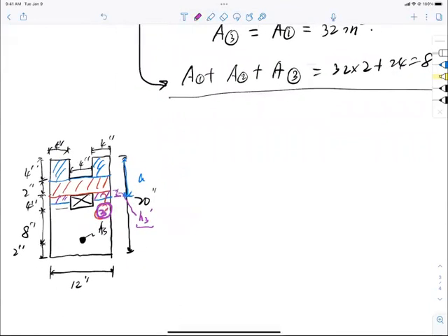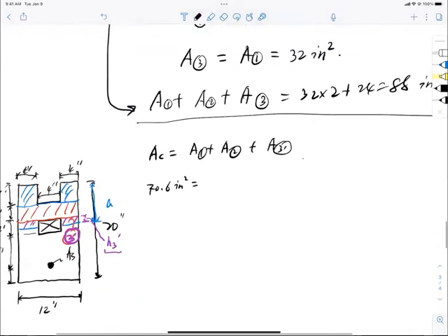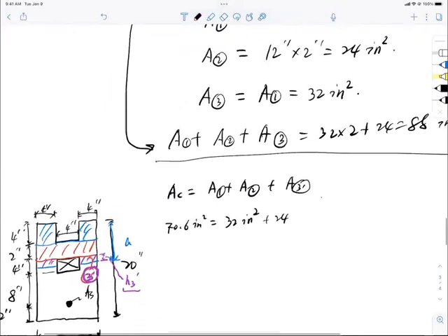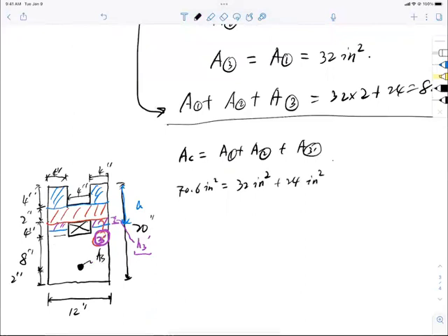And how to find that? Basically, AC should equal A1 plus A2 plus A3 prime. AC is 70.6 inch squared. A1 equals 32 inch squared. A2 is 24 inch squared. A3 equals what?